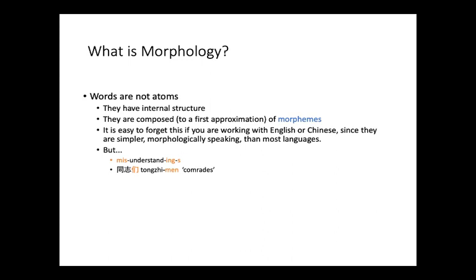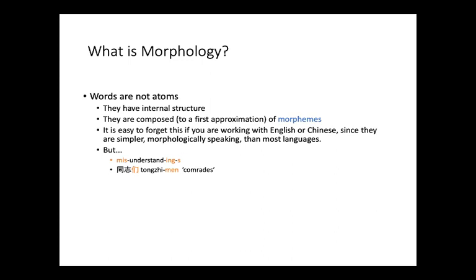It's easy to forget this if your native language is English or Chinese, because English and Chinese don't have very much morphology. But even in these languages, words have internal structure. You can take English words like misunderstandings, and you can divide this into 4 or maybe 5 units.